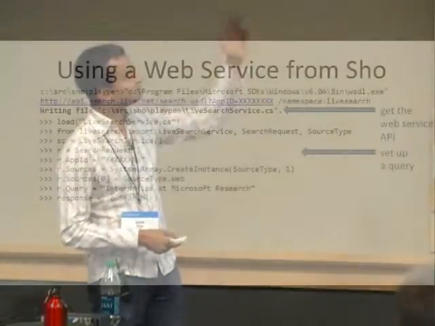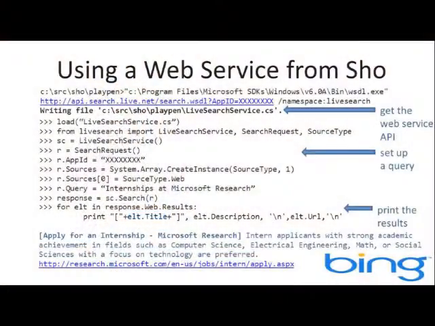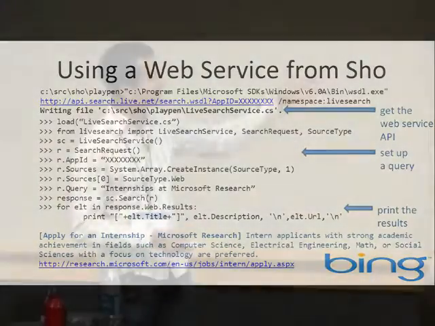And then once you create that C# file, it's the same workflow as before, where I can load in that C# file, import the proper namespaces, and use this just like any other class. In this case, I'm using the web search API from Bing. I can execute a search, and then step through the web results, and print these and all this sort of thing.